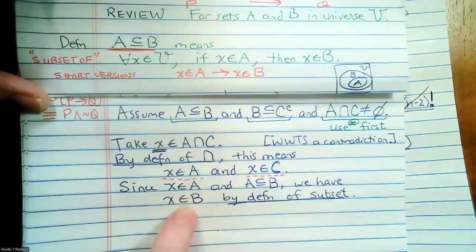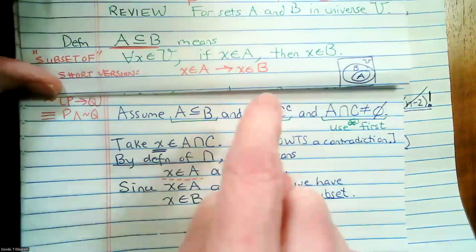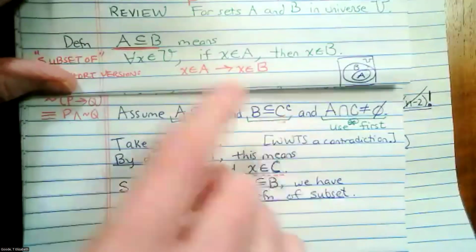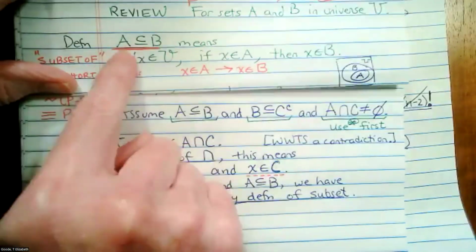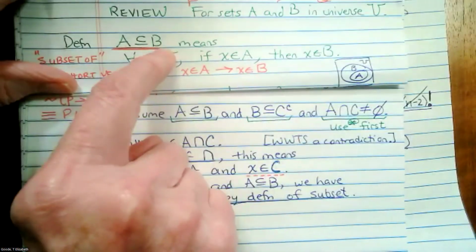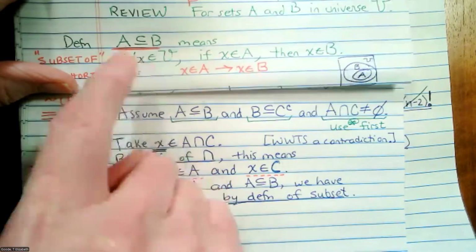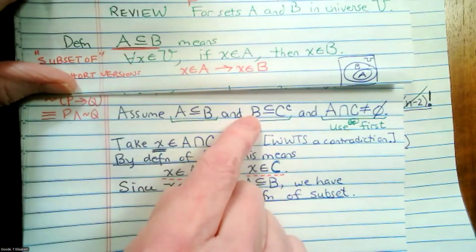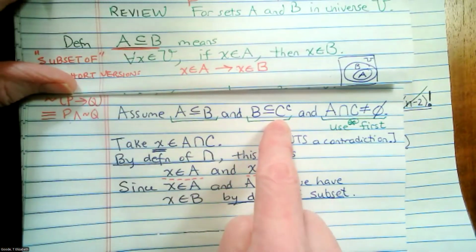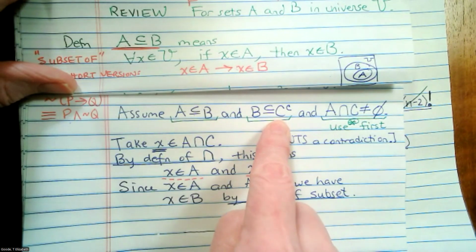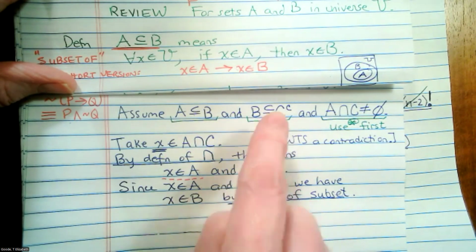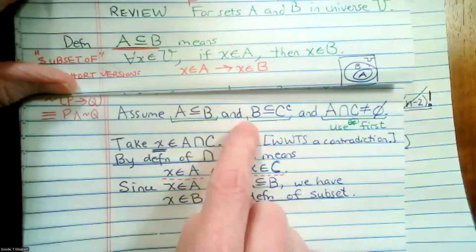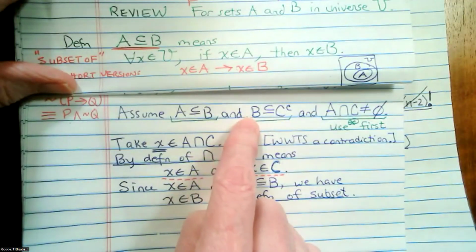X was in A and it put X into B. But B is a subset of C complement, so we'll put B here and put C complement there. It means if X is in B, then, if B is a subset of C complement and we know X is in B, where does that force X to live?